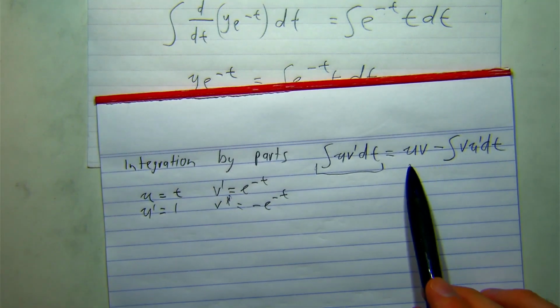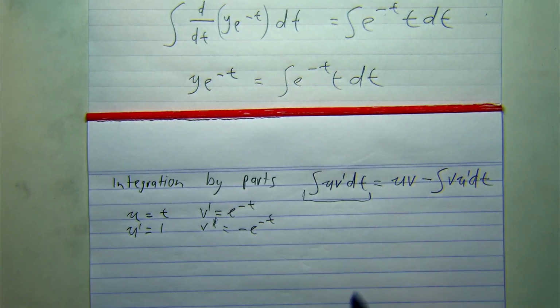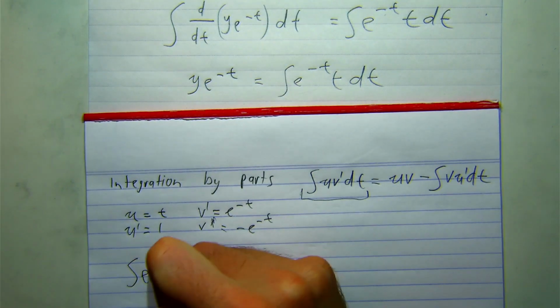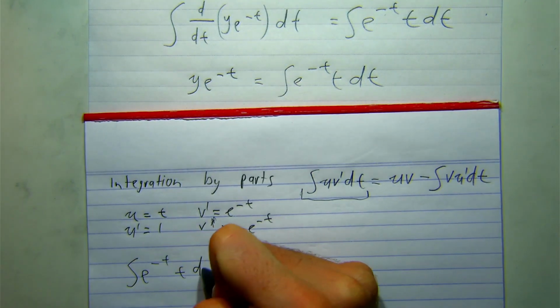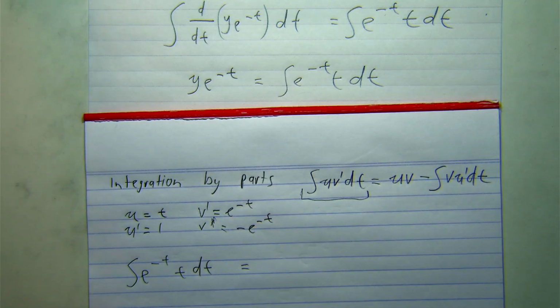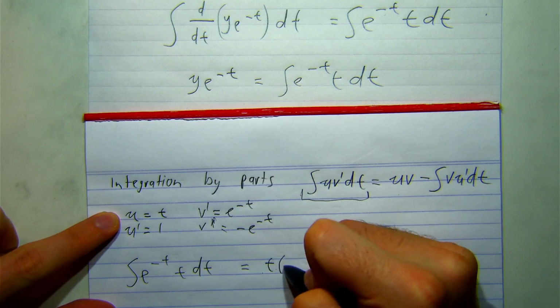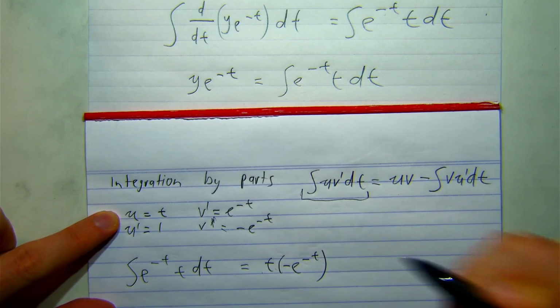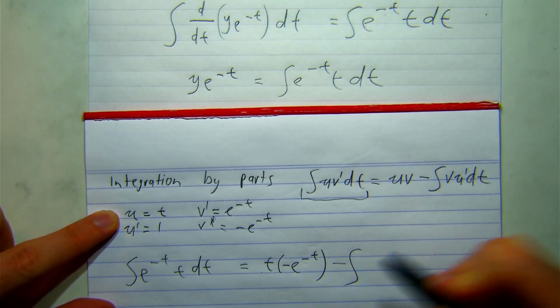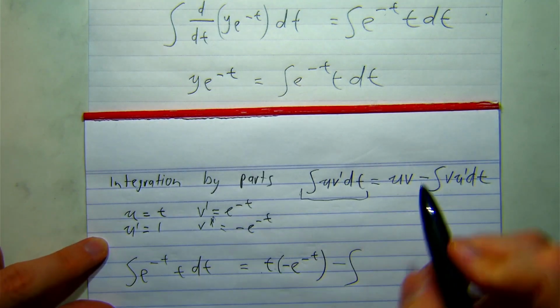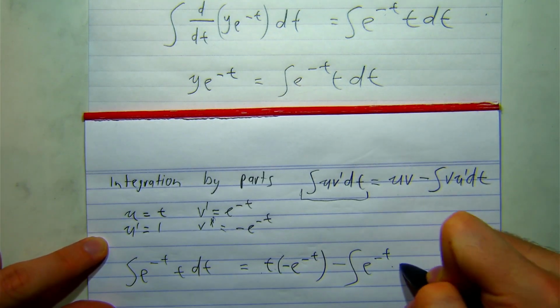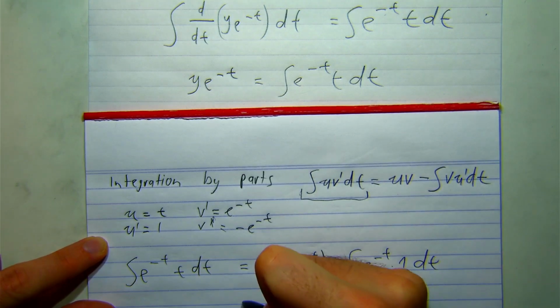Okay, so that makes our integral here, integral of e to the minus t, t dt, is equal to uv, so t multiplied by v, which is this one, minus the integral of vu dash, which is e to the minus t times 1 dt.